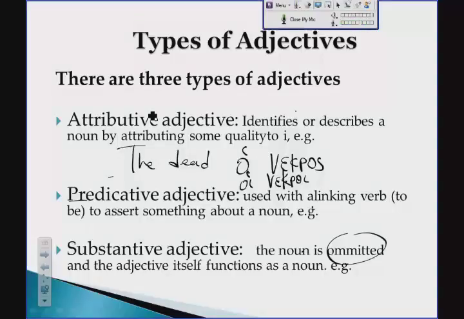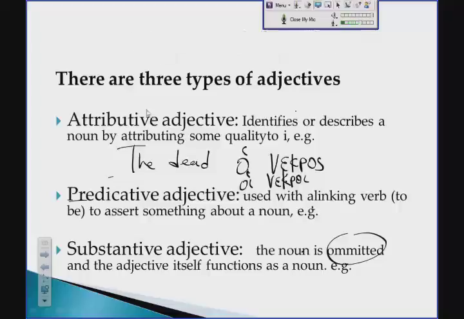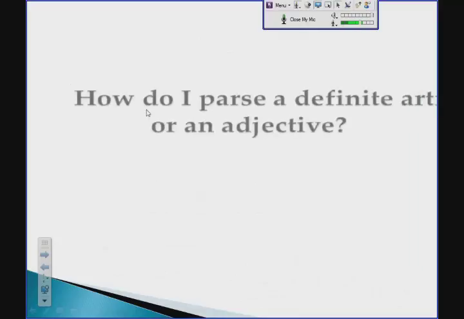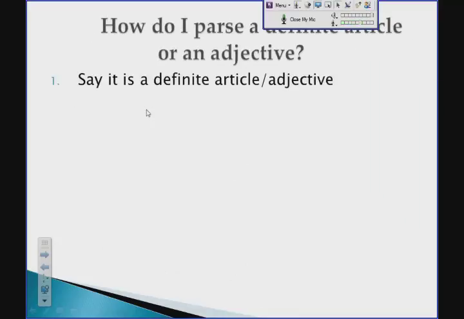Are you there? And then on page 23, there you have an example of kalos in all the three characteristics of a Greek noun: case, number, and gender. Now, how do I parse a definite article or an adjective? First of all, you tell me this is an adjective or it's a definite article, and then those three things: case, number, and gender. Whether it's nominative, whether it's masculine, whether it's singular.